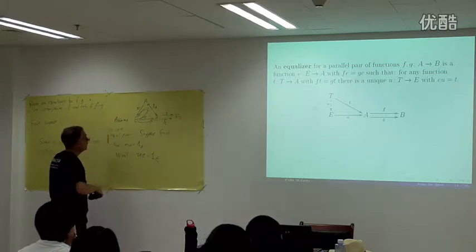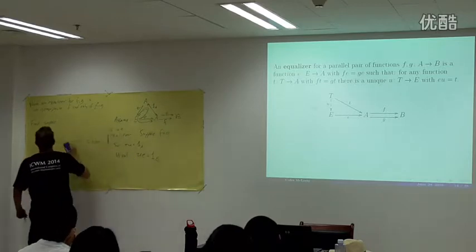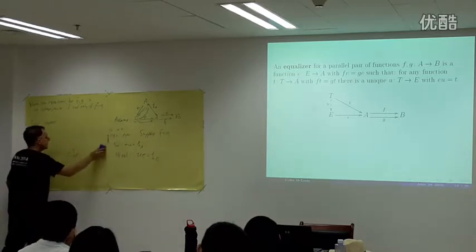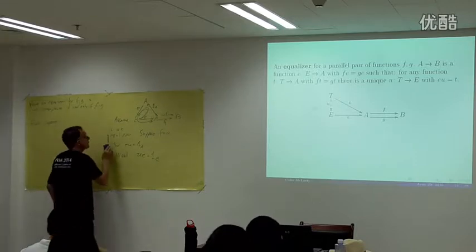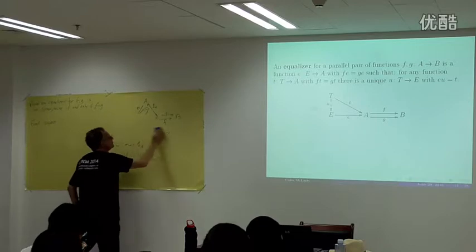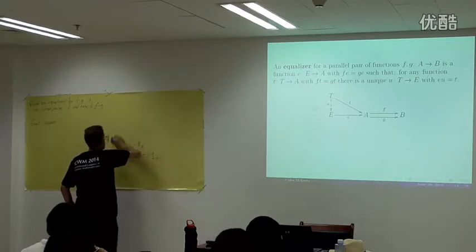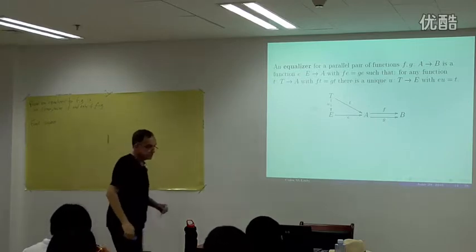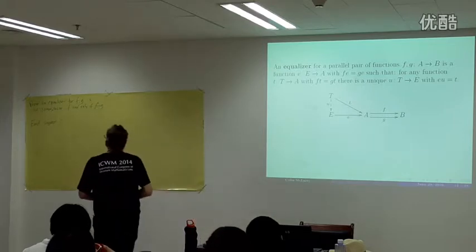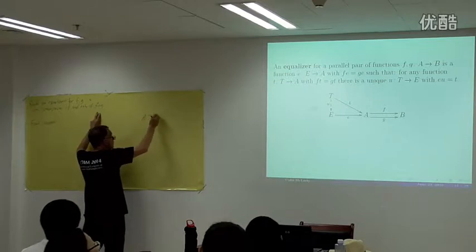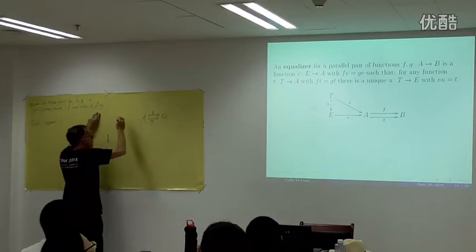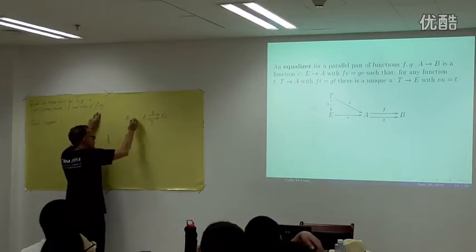That's one proof. A more sophisticated proof is actually a better one. To show that the equalizer of an arrow with itself is an isomorphism, it's good enough to show that this diagram is an equalizer.